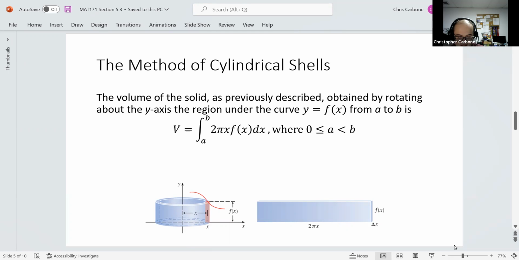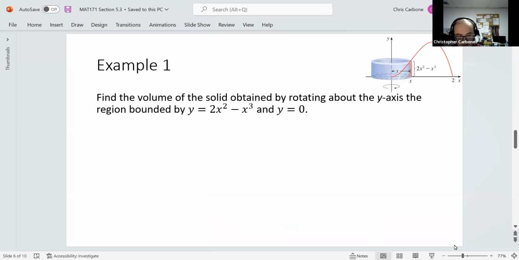You can see that when we fold the solid out, we have our circumference 2 pi x, delta x is our thickness again, and f of x is our height, as we can see in our 3D model.